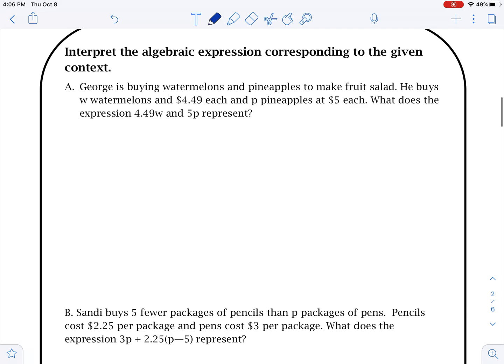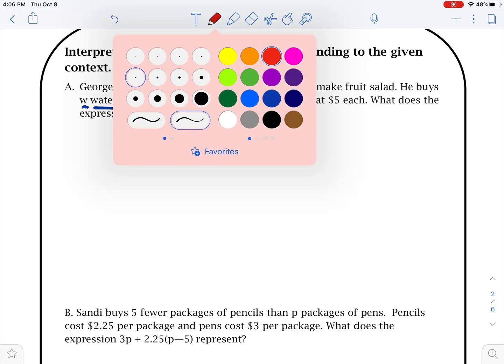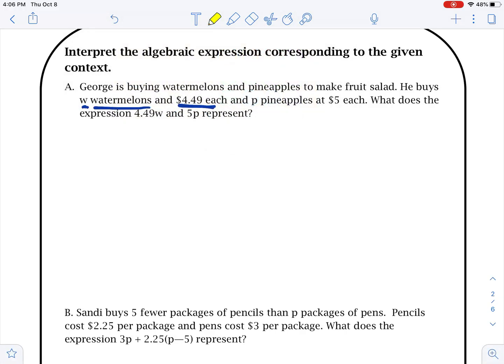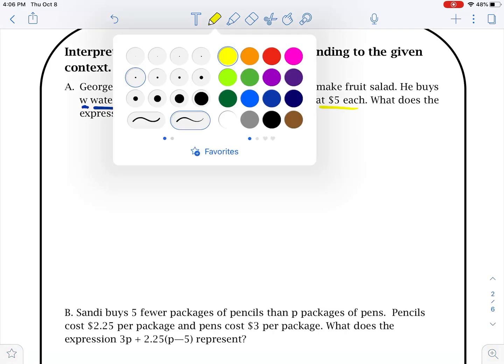So George is buying watermelons and pineapples to make fruit salad. So same idea. He buys W watermelons, so again, I would identify W watermelons at $4.49 each. So that goes with that. And then he goes and buys pineapples. We'll use yellow for pineapples. P pineapples, $5 each.